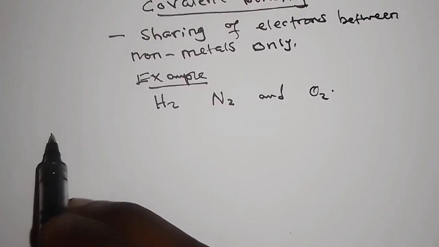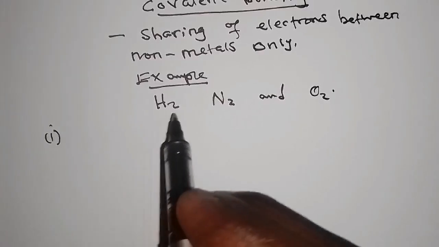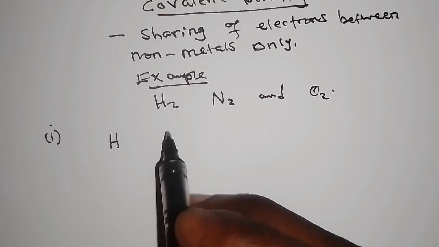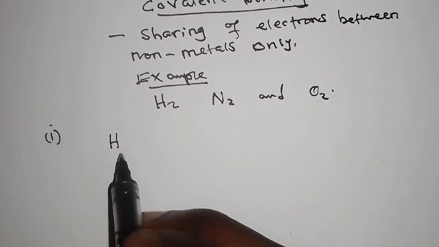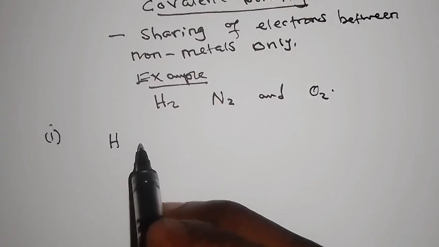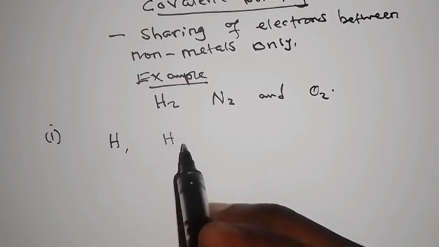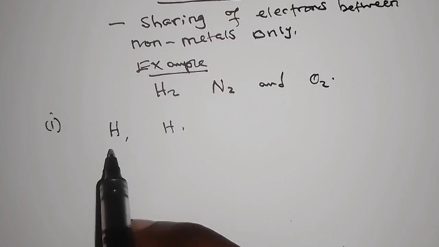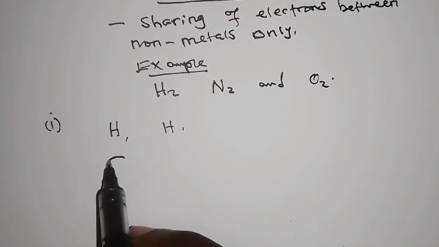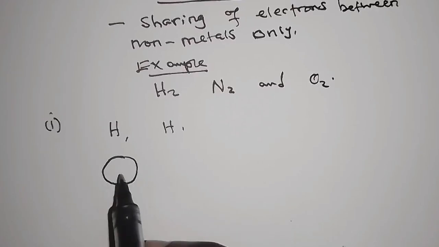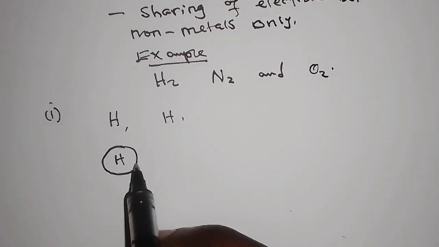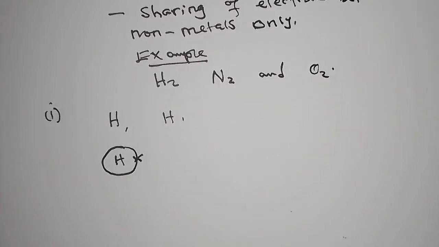For hydrogen, we have 2 hydrogens. This is what we call a diatomic molecule. We have the hydrogen and another hydrogen. We know the proton number for hydrogen is just 1. So I'm just going to put the symbol of the element in the middle, and then the star.